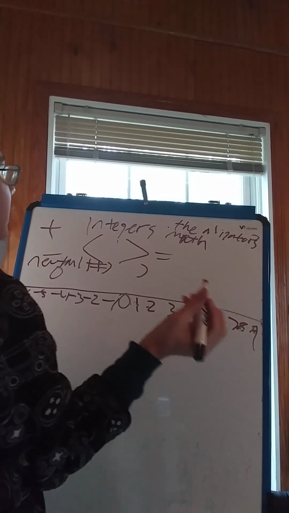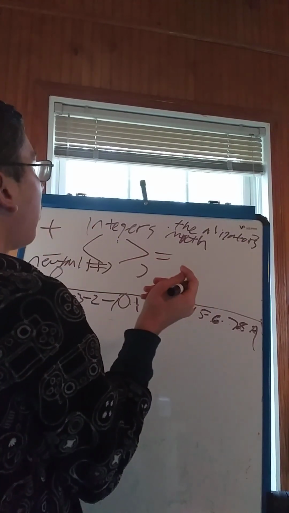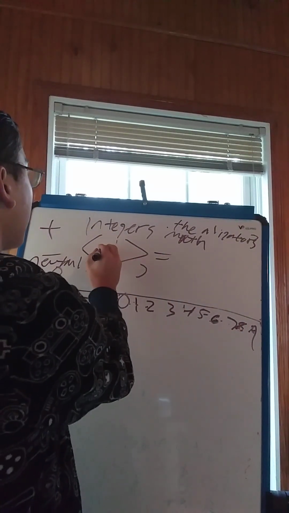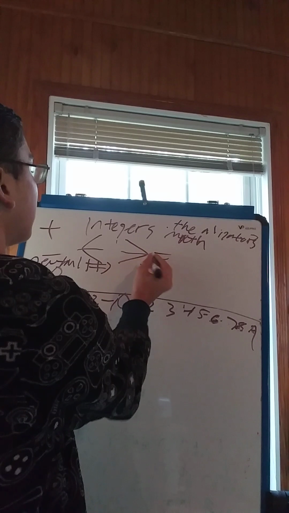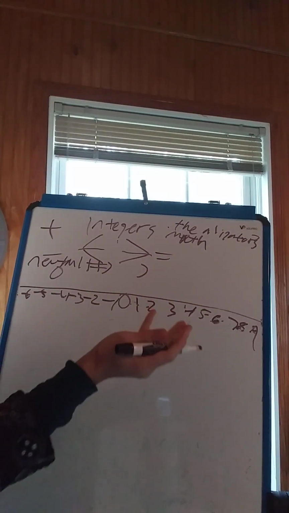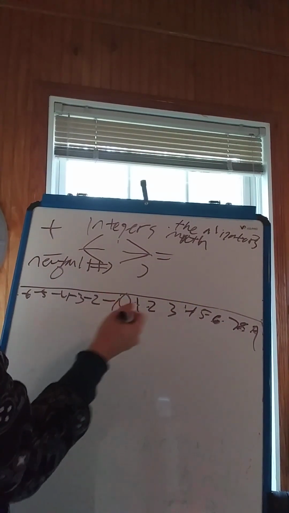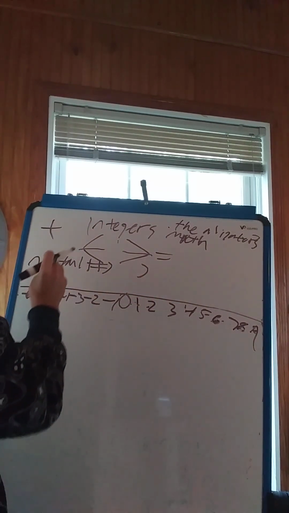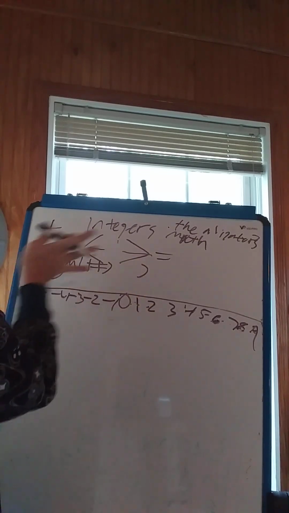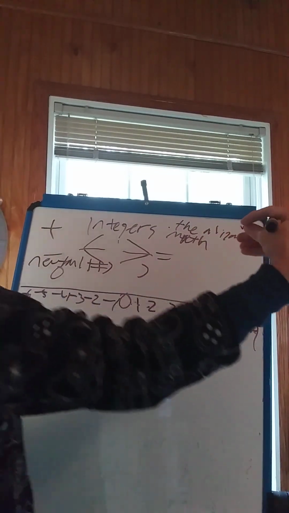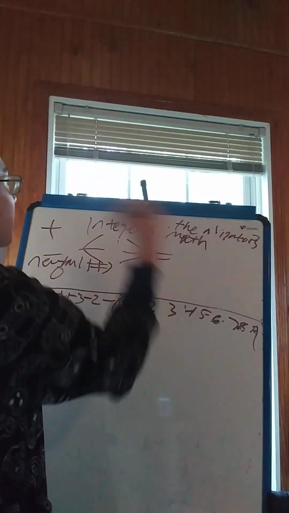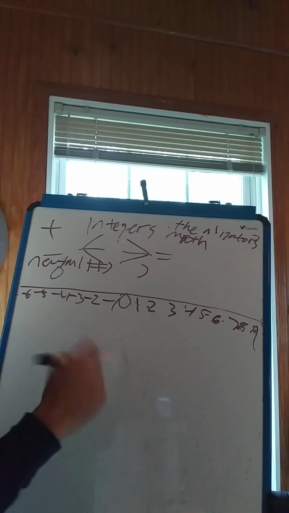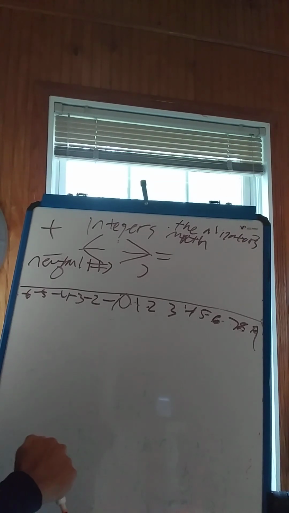But in order to know what direction these are really pointing to, does this make sense? Both of these are arrows. The line in the mouth part of the arrow. This one's going further to the right. This one's going further to the left. Bigger, smaller. So that's basically it.